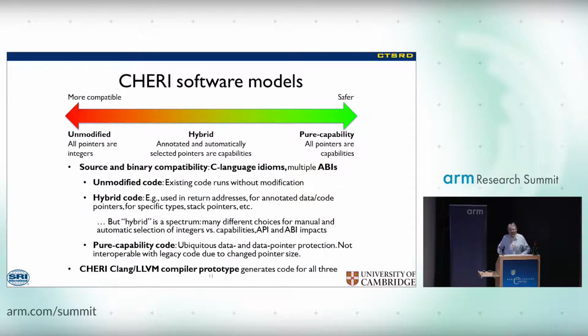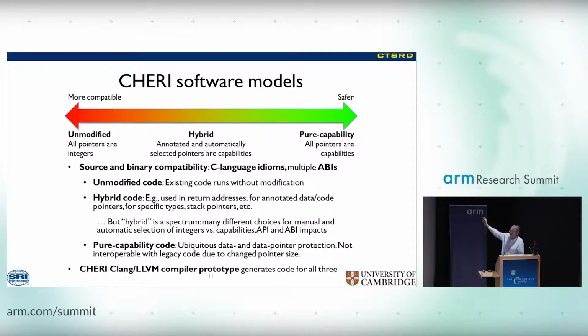Okay, how do we then apply this in practice? Well, we can start off with unmodified code, all the way on the left-hand side, so that's where we are today, where all pointers are integers, and they're interchangeable, and you can overwrite them and corrupt them, and the processor will never notice.